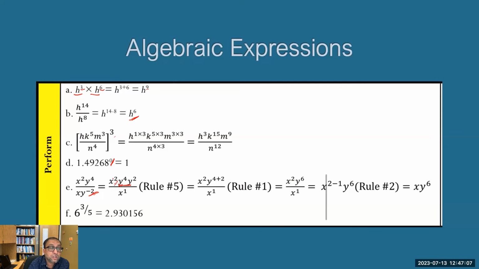X here is squared, and in the numerator there's also a base of x, but the exponent is positive 1. If we take this positive 1 up, it becomes negative, because we are changing the denominator into a numerator. So in this way the end result is x y exponent 6.